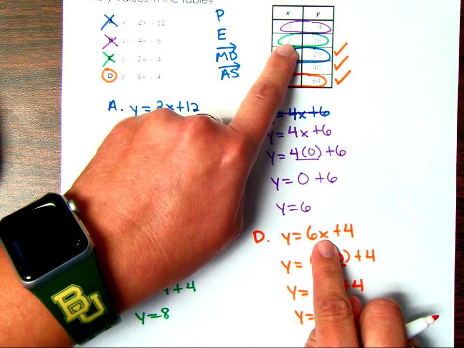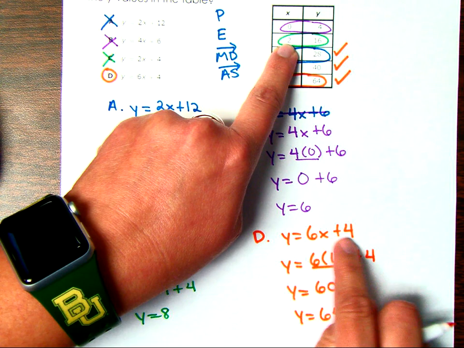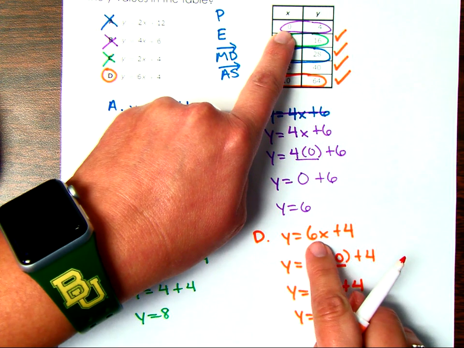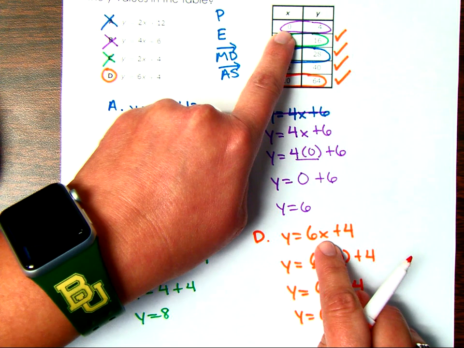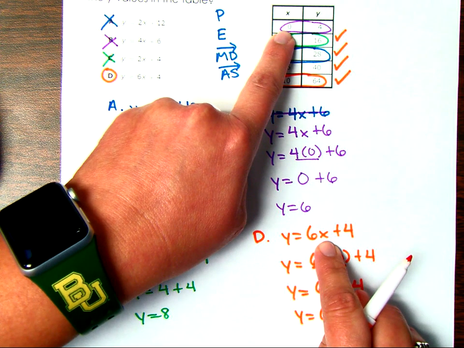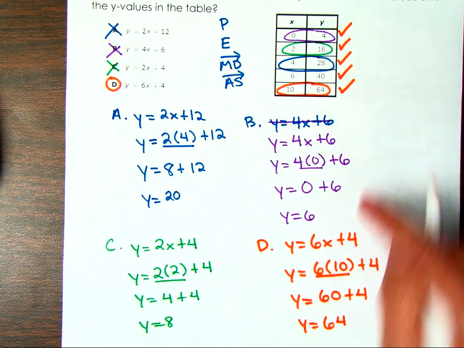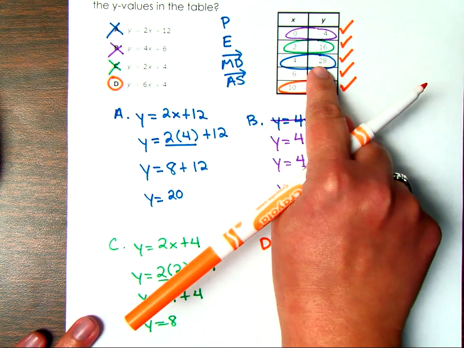If I take the number 2 for x and plug that in, 6 times 2 is 12. 12 plus 4 is 16. And this one should work again as well. 6 times 0 when x is 0. Anything times 0 is 0. That's called our zero product property. And 0 plus 4 is 4. So all values are true for this equation. So this is the equation that matches this table.